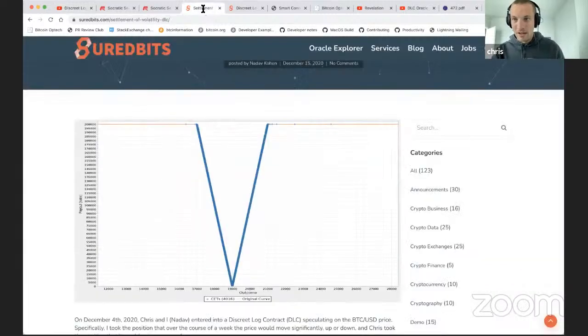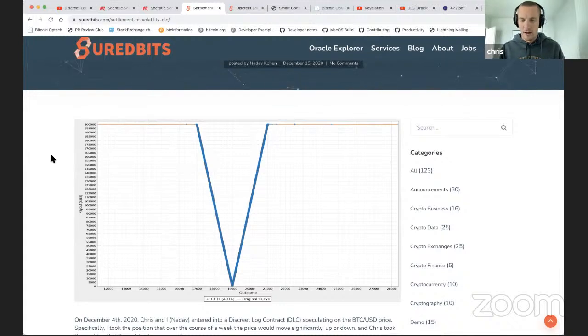I'm getting all the money in the DLC here. I get 200,000 Satoshis if you look at the y-axis. So depending upon what the Oracle attests to, the more volatile the Bitcoin market is, the more profitable this DLC is for me. However, if the Bitcoin price doesn't move at all, well, that's not very good for me, and I end up losing all the amount of money that I contributed into this DLC.